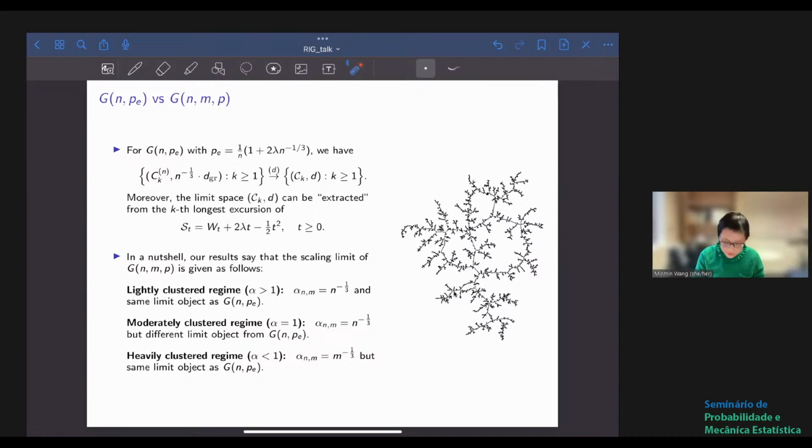The reason is that in that case you have all these little cliques around the vertices, but all these cliques just have diameter 1. So when you go to the scaling limit, they're all crushed. That's the reason why you get the same limit object.